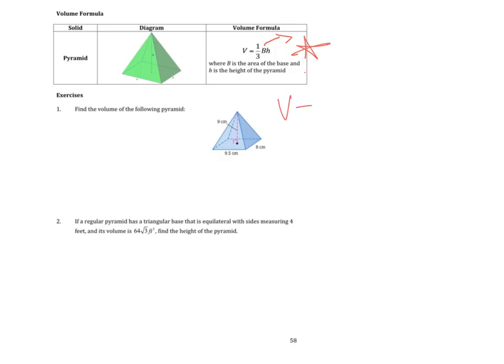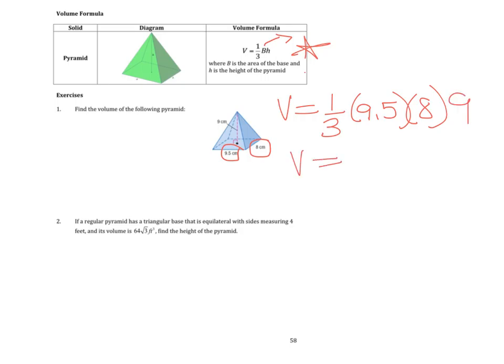So we know that's equal to 1/3, and as you can see, it's a rectangular base, so the area is length times width, so that represents capital B, times the height of 9. And when you do the math for that, you end up with 228 cubic centimeters.